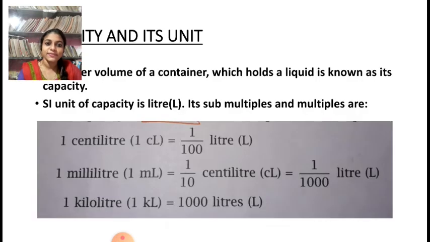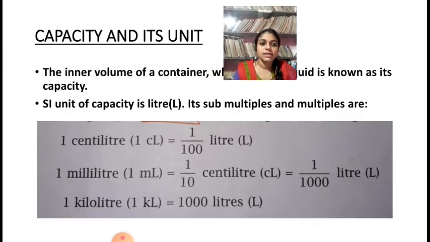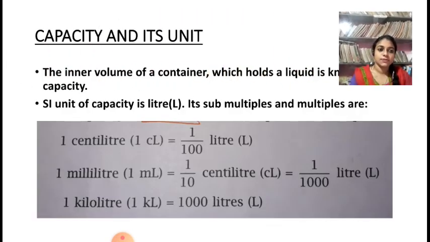Next, capacity and its unit. The term capacity is used for the volume of liquids. The definition is like this: the inner volume of a container which holds a liquid is known as its capacity.